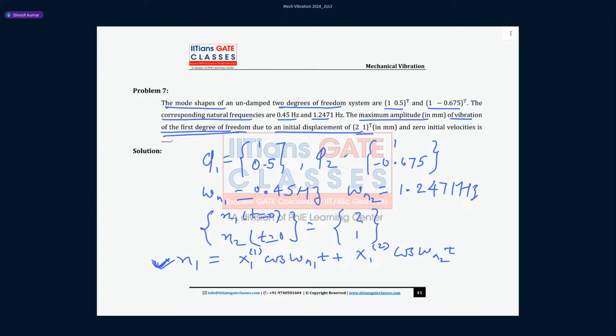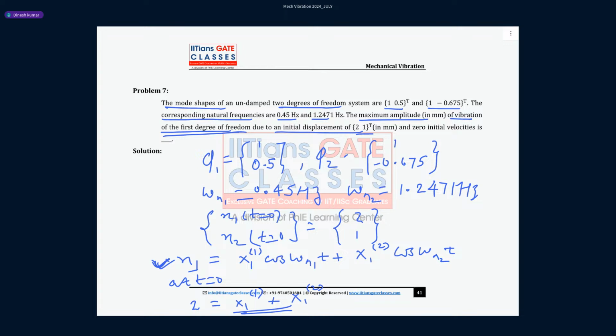So what is the maximum value of cos? It is 1, right? So when it is 1 at t equal to 0, what will be your x1 at t equal to 0? It is 2, the initial displacement, and this is x1 for first mode plus x1 for second mode. So what is the maximum amplitude for mass m1 we can have?